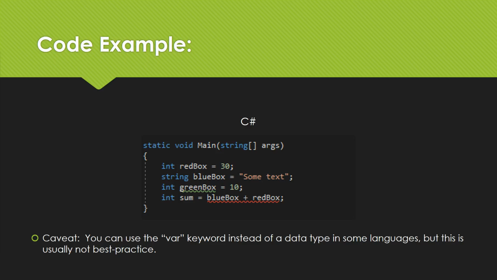I mean, JavaScript, for instance, is much more forgiving and doesn't put as much emphasis on data types. But in C#, there are a lot of benefits to using the data types, and especially in this case, it's usually not the best practice to use the var keyword.